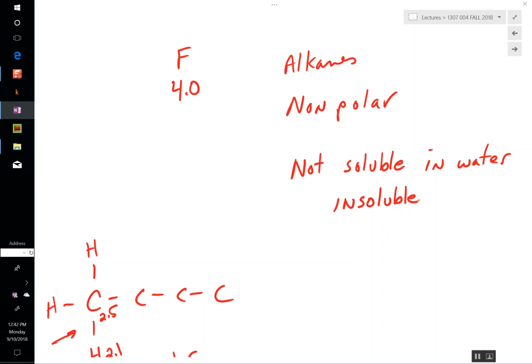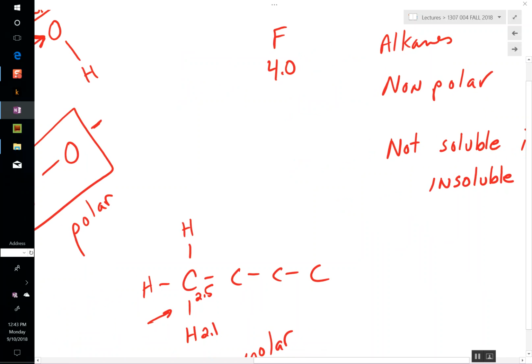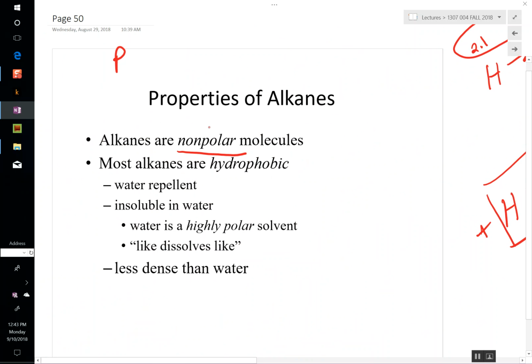If you get gasoline in your oil, it will thin out the oil. It won't just float in there, it will thin it out. Okay, so they are non-polar, hydrophobic. They're not water-loving. They're not hydrophilic. They're hydrophobic.